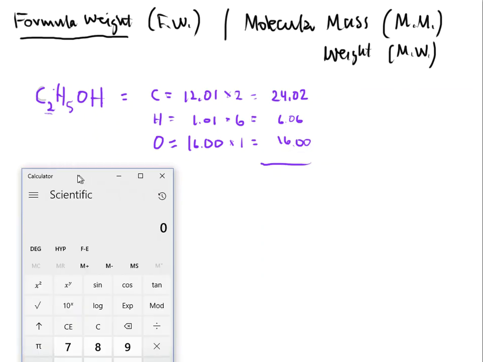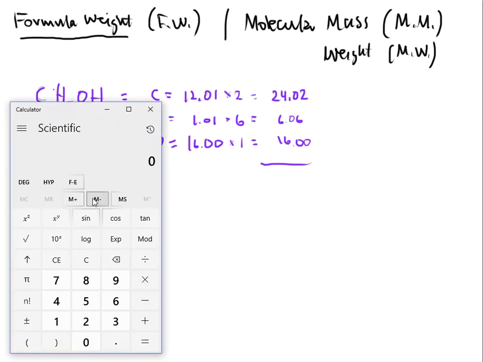So now I need to bring up a calculator, and I need to add all of those up. Because in order to calculate the weight for the compound, you have to add up the weights of all the pieces that make it up, right? So 24.02 plus 6.06 plus 16, and I hit enter. And that gives me 46.08.